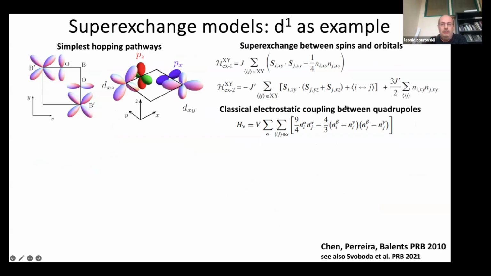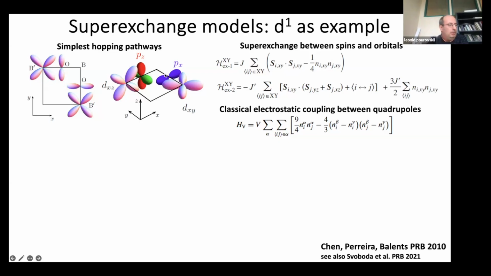To understand this, one can start with rather standard superexchange models. Basically, one can consider hopping, for example, between two xy orbitals through neighboring oxygens. What one derives is a coupling which is strongly antiferro between spins of these orbitals and ferro between orbitals.